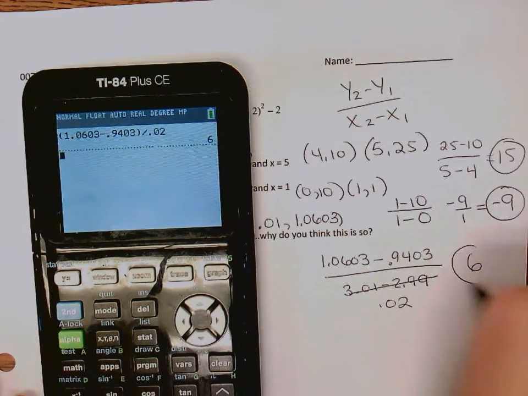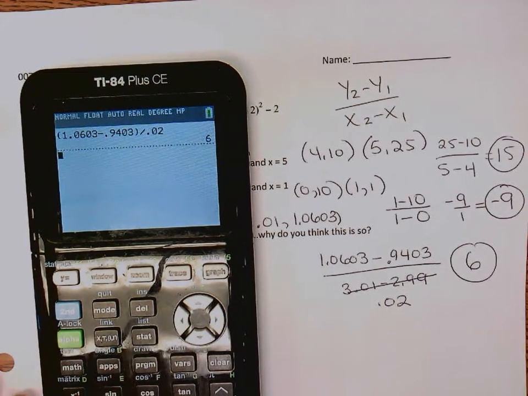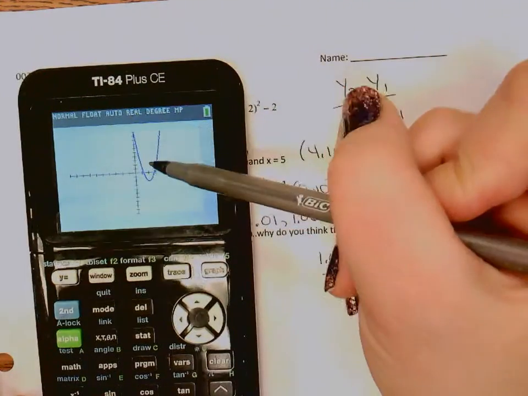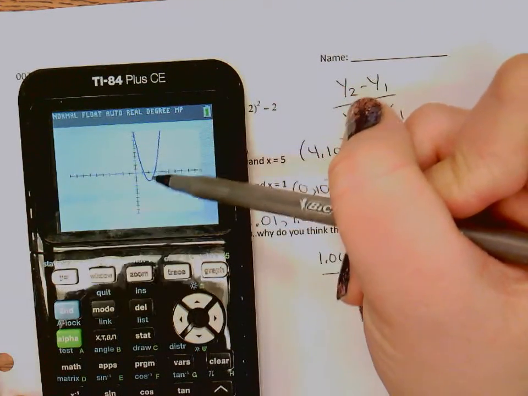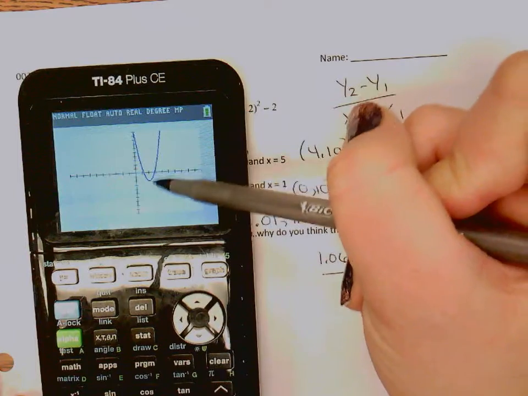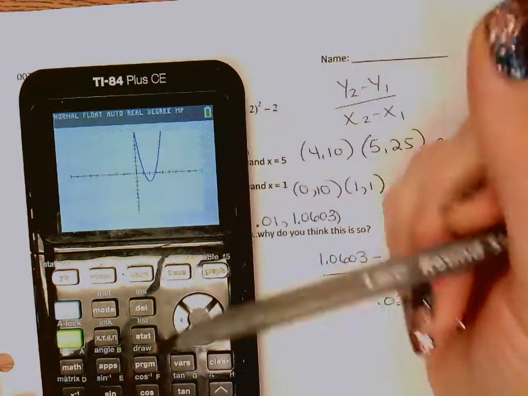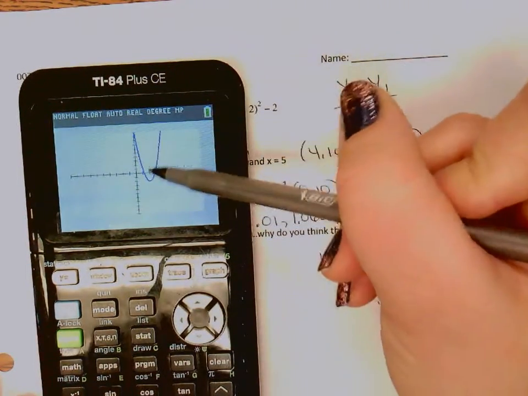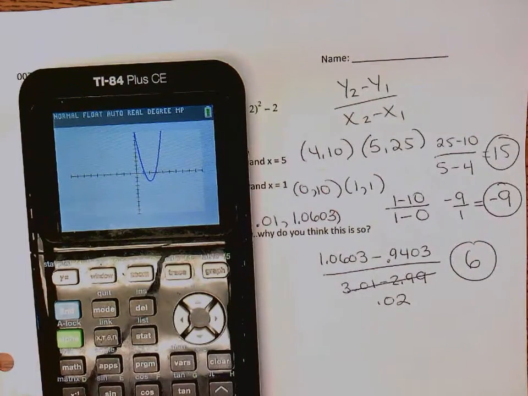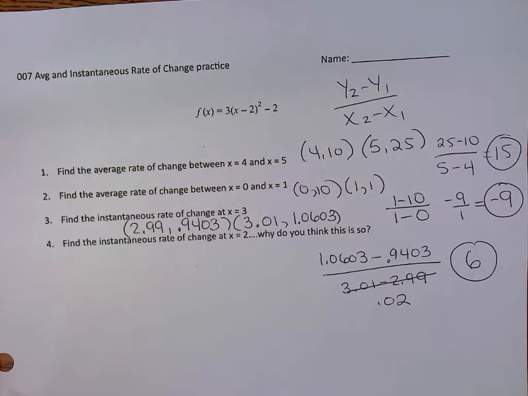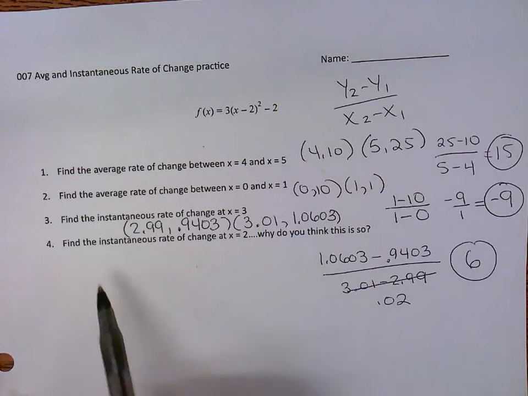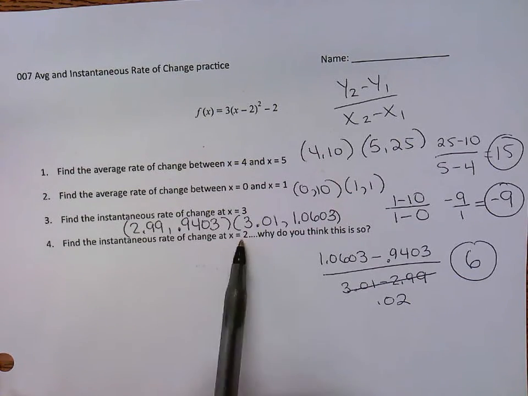So I got an instantaneous rate of change of 6. Looking on the graph at 3, the steepness right there is 6. If this was birth rate or the speed of an object, instantaneous rate of change gives you the velocity, how fast something's going.